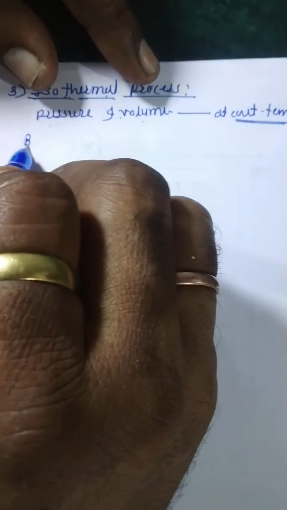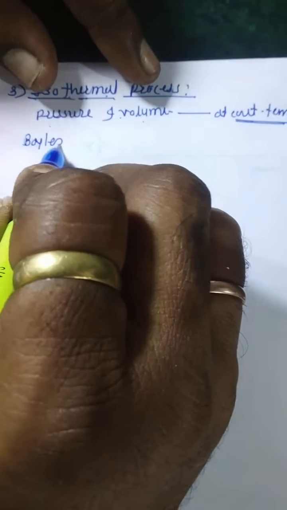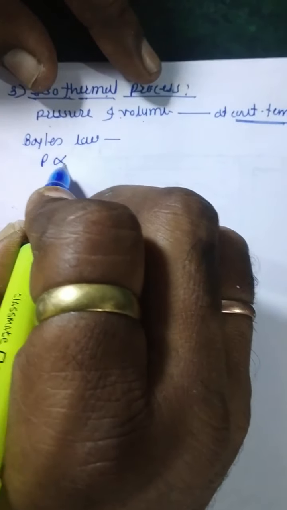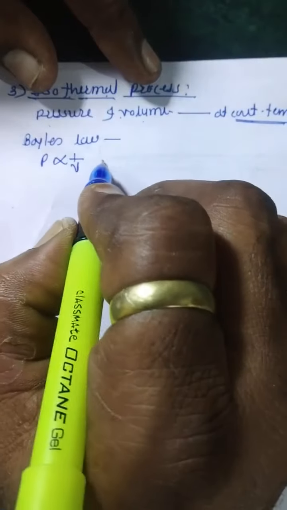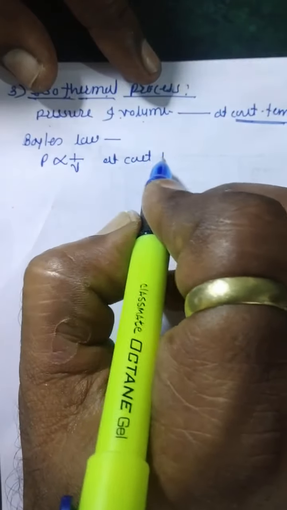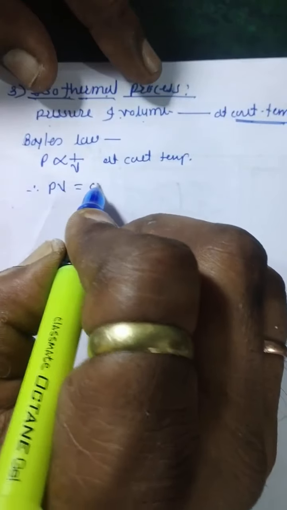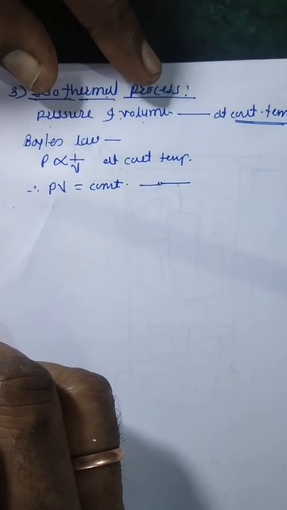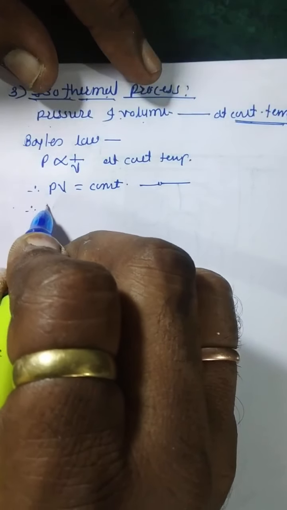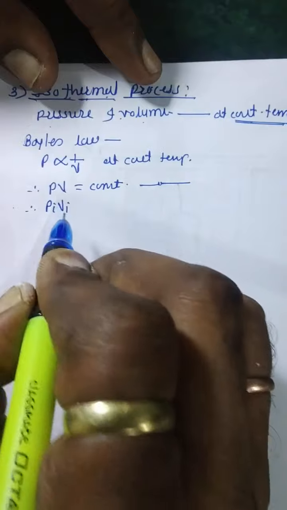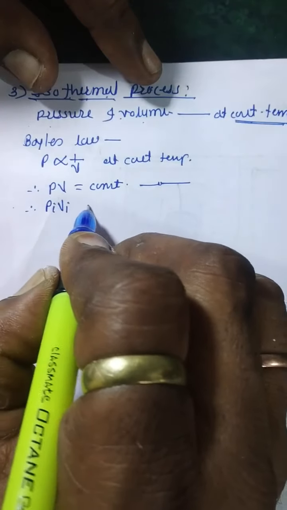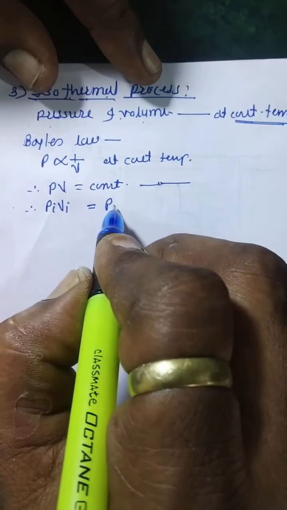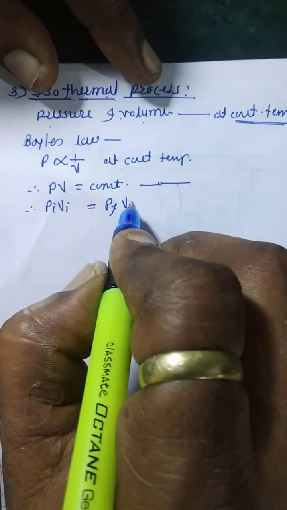According to Boyle's law, pressure is inversely proportional to volume at constant temperature, and therefore PV is equal to constant at constant temperature, and therefore P_i V_i, that is initial state, is equal to P_f V_f.